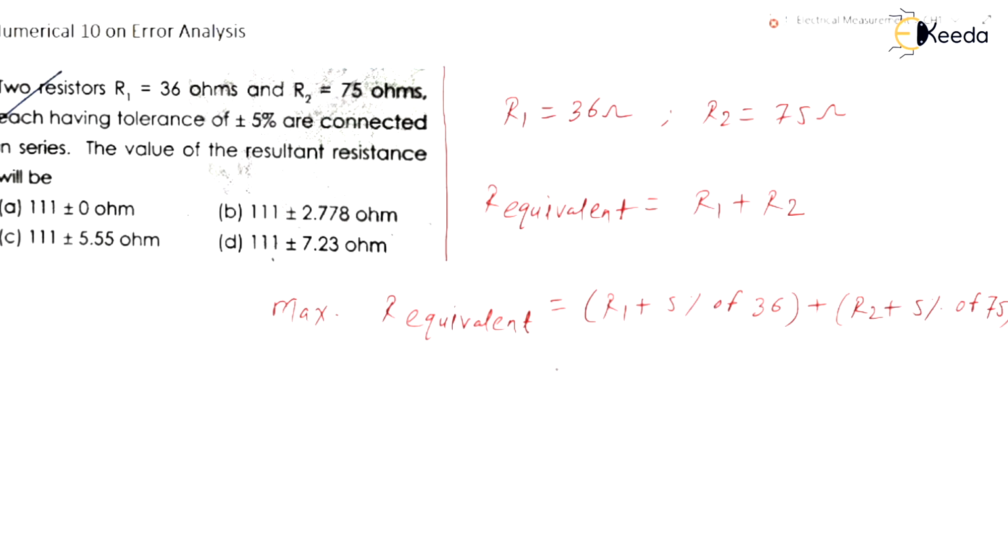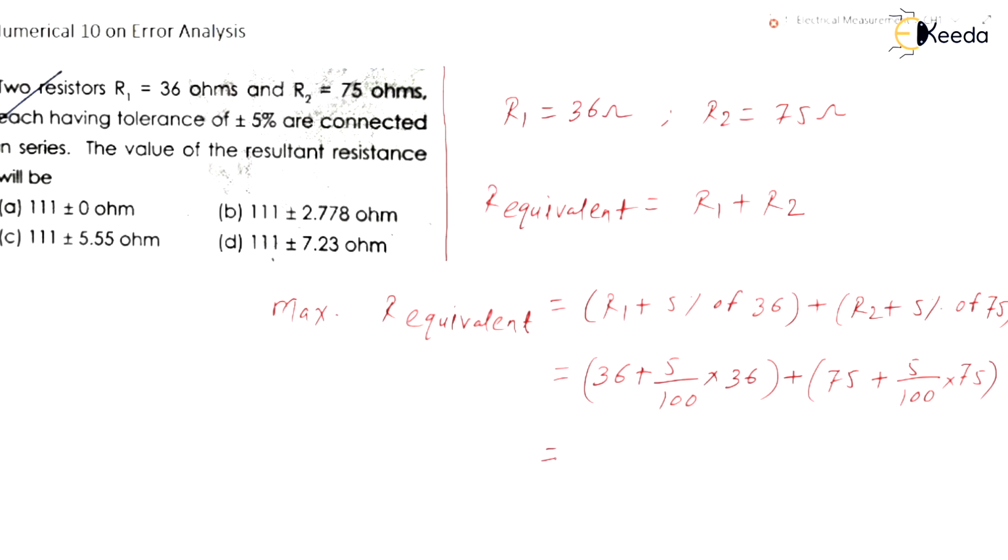Okay, so from this we can write it is 36 plus 5 by 100 into 36, this is the one, plus what is R2? 75 plus 5 by 100 into 75.